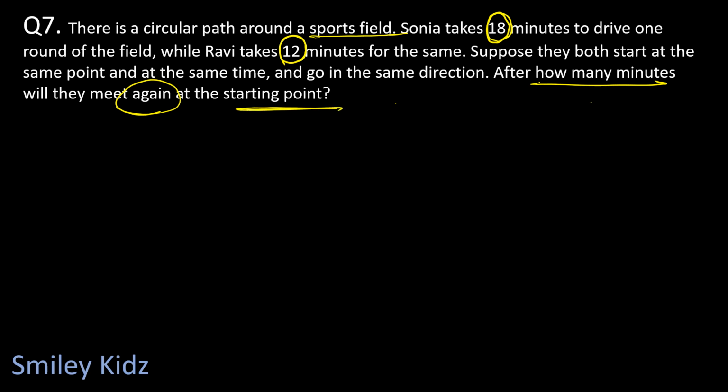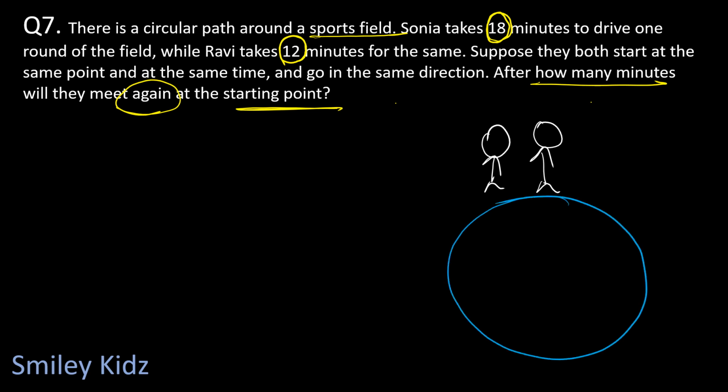Here, they're saying that there are two people, Sonia and Ravi, and there is a circular path like this. Let's suppose this is Sonia and this is Ravi.